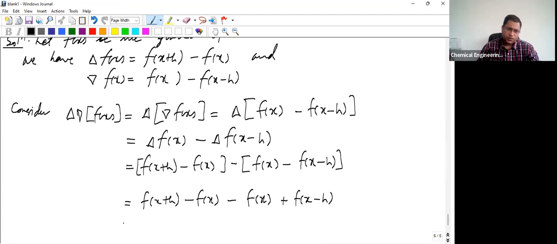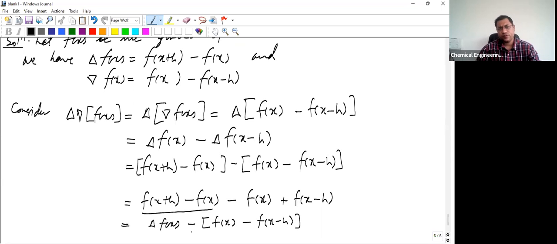Okay, so think of this. This is equal to, if I think of this term, delta f of x minus, if I think of this term, f of x minus f of x minus h.